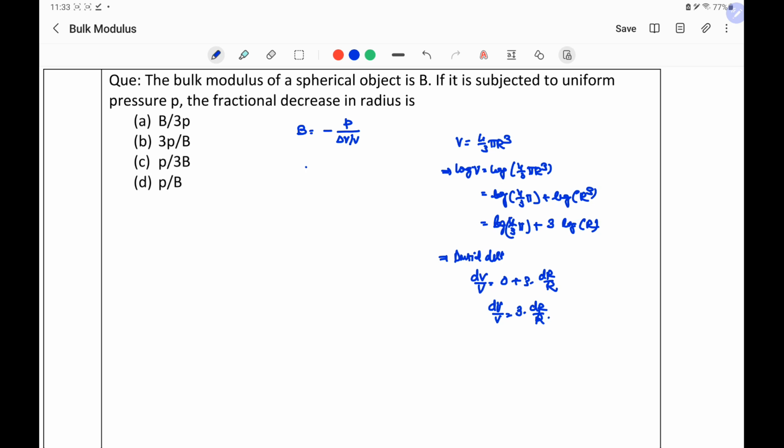So we will replace here, it is equal to minus P by B equal to 3 into dr by r. So it implies that dr by r will be equal to minus P by 3B, and because there is a decrease in the radius, so minus dr by r will be equal to P by 3B. Hence option C is the correct option.